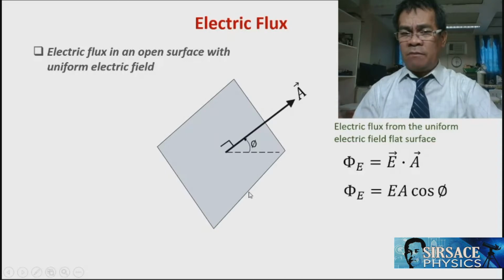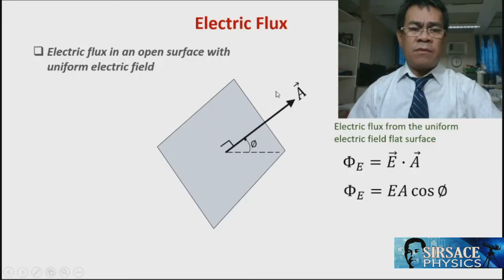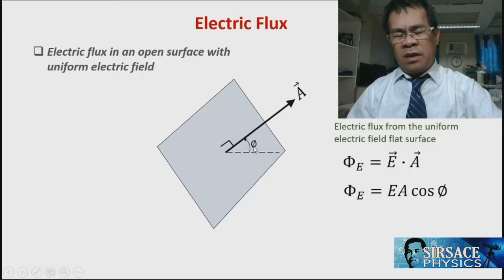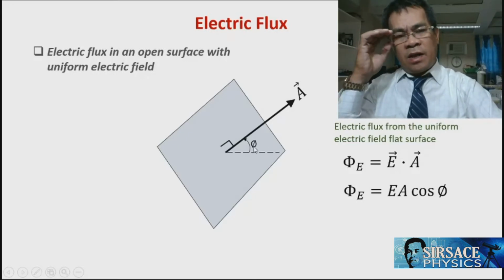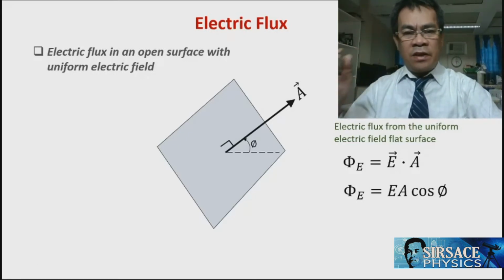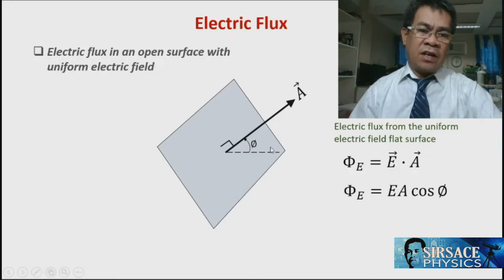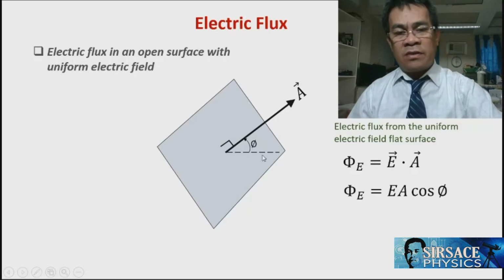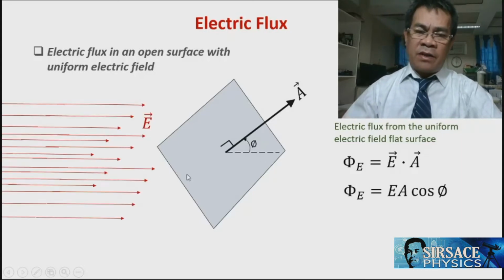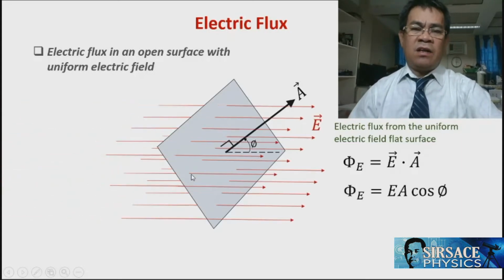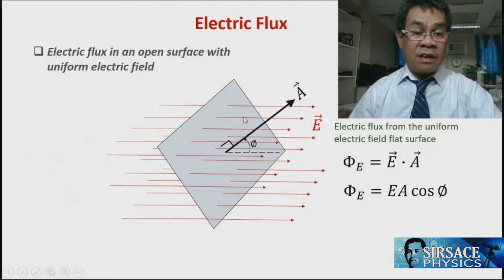So most probably, the flux will change. The question is how much? Now in this case, if we incline the plane at an angle P, there is an angle between the electric field and the area vector. So if the electric field strikes the area, then again we have the electric flux.